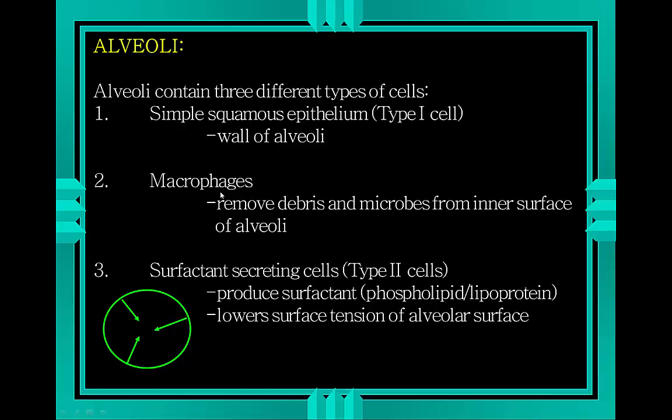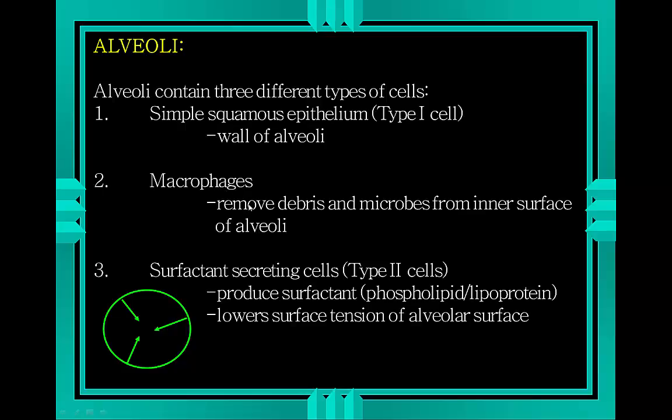The second type of cell we have are the macrophages. These are immune cells which travel around the alveoli, combating the pathogens that may have escaped all the other protective mechanisms we spoke about in Online 2.